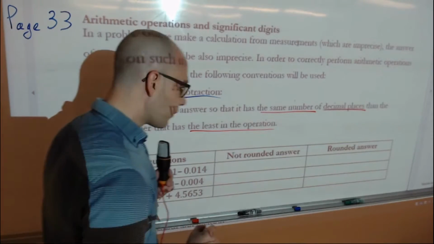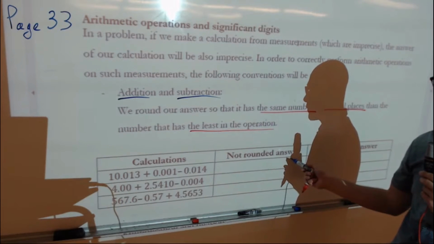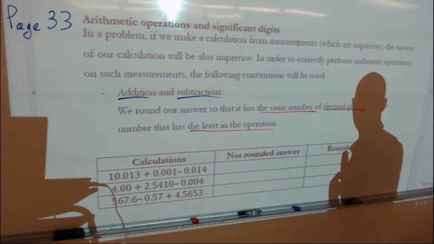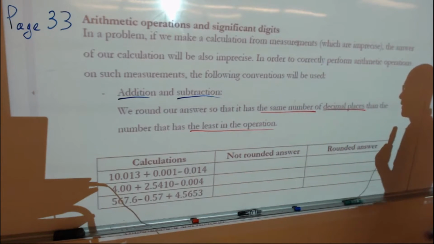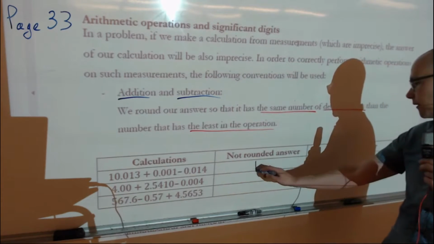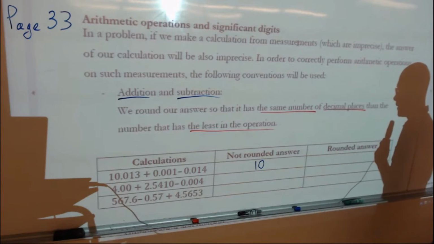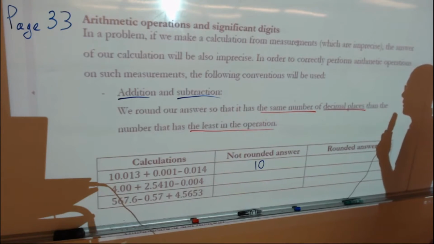I'm going to show you the not rounded answer and the rounded answer, so there's going to be two answers. The first one: if we do this calculation on the left, it's 10.013 plus 0.01 minus 0.014.